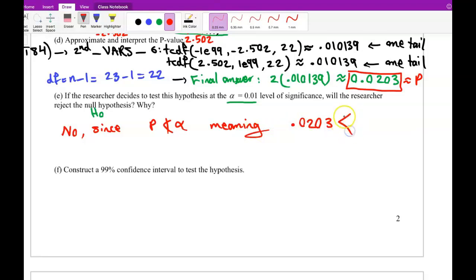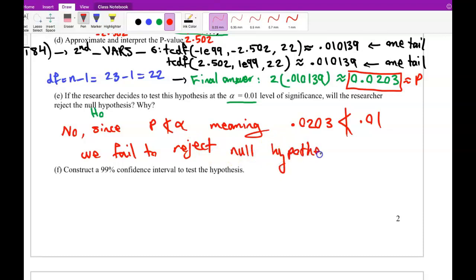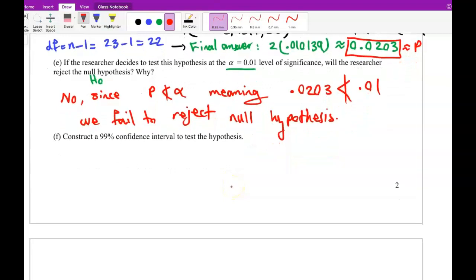This number is not less than 1%, and we failed to reject the null hypothesis. That was part E.